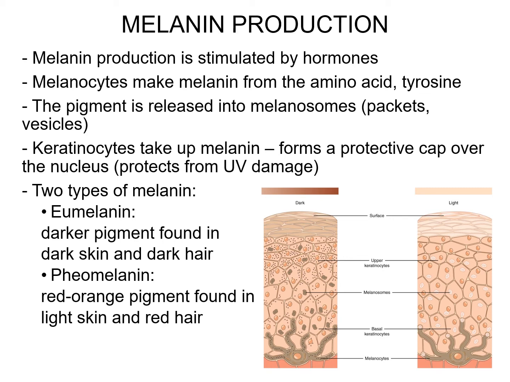So there are two types of melanin, and you can see the difference in the picture between somebody who's darker skin versus somebody who's lighter skin. But the two types are eumelanin and pheomelanin. And eumelanin typically exists in darker skinned folks with darker hair, darker eyes. And then the pheomelanin is more of the lighter skinned folks.